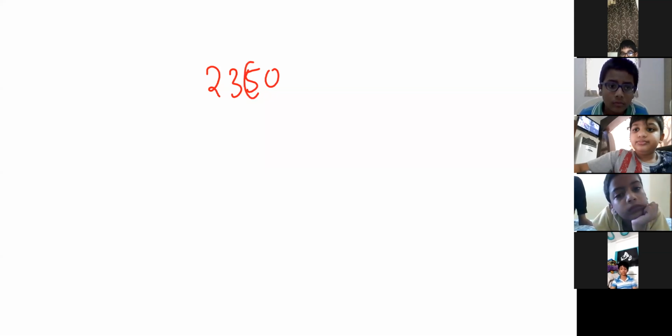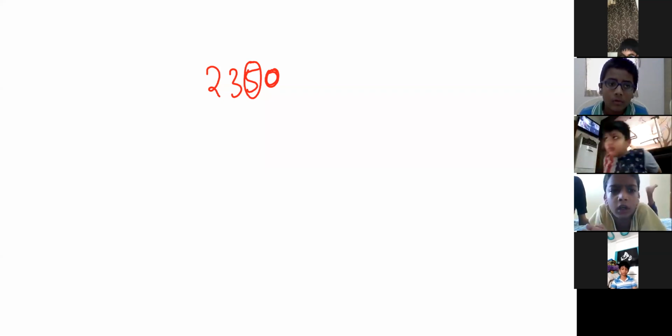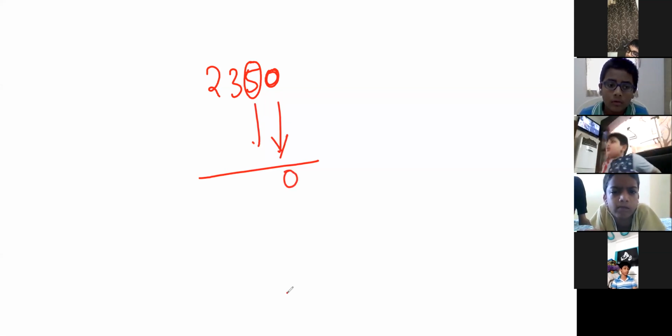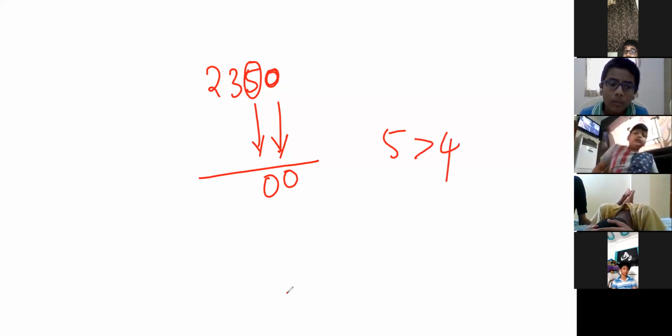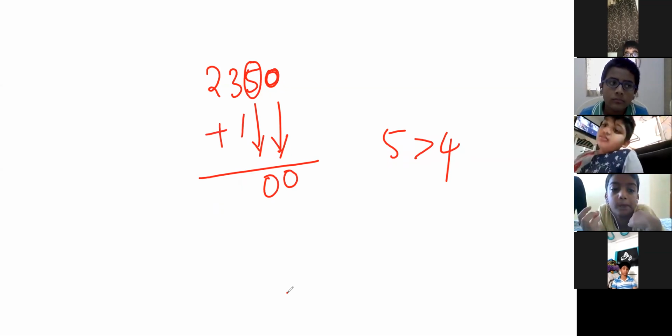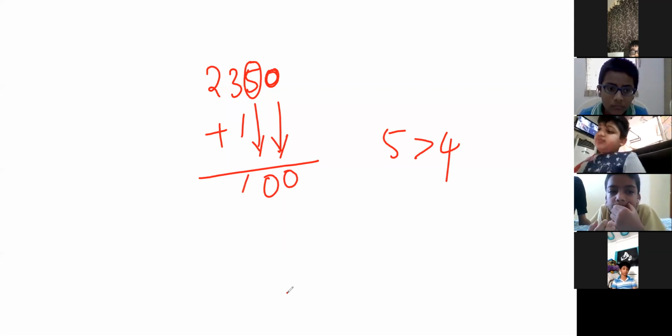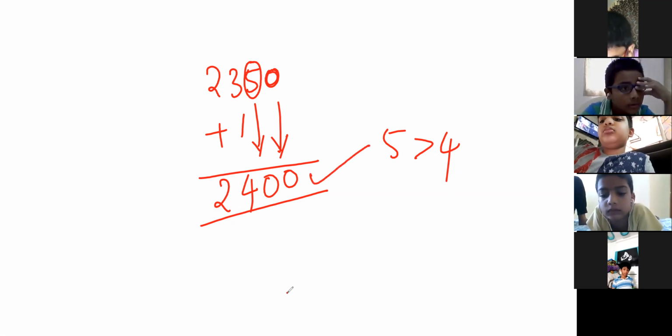You already know that while rounding off a number to its nearest 100, the ones and tens places become zeros. Here the tens digit is 5, which is greater than 4. Then you have to add 1 to the hundreds place again. So it becomes 4 and 2 as it is. So when you round off 2,350 to its nearest 100, the answer is 2,400.